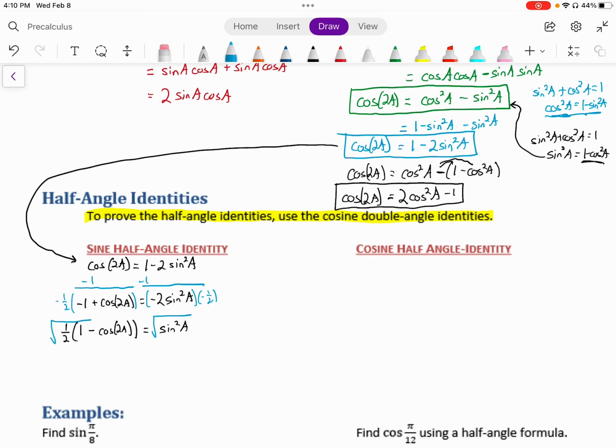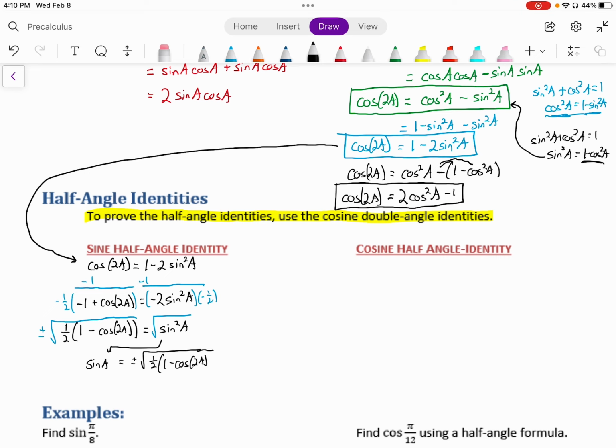Now, when we take the square root when solving, we're going to put plus or minus over here. And so what we have, and I'm just going to switch the order here, sine of a is going to equal plus or minus the square root of 1/2 times 1 minus cosine of 2a.